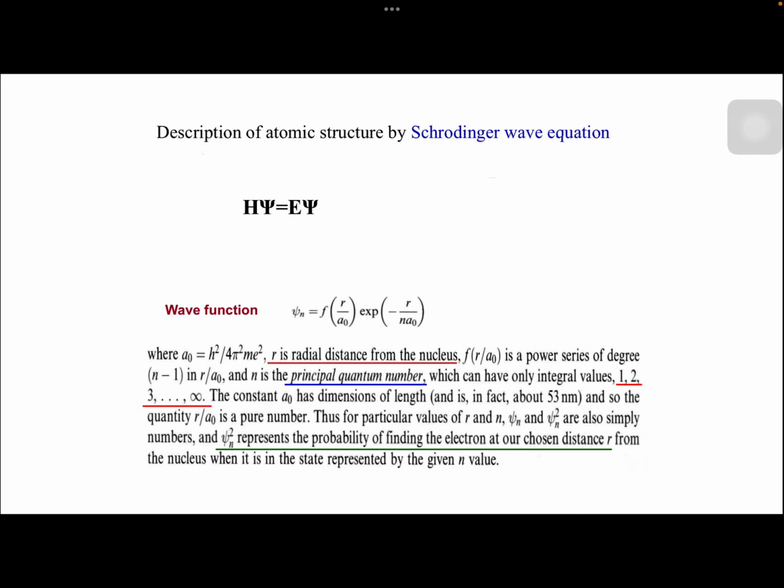Atomic structure can be described by the Schrödinger wave equation, which is the Hamiltonian times the wave function equal to the energy times the wave function.